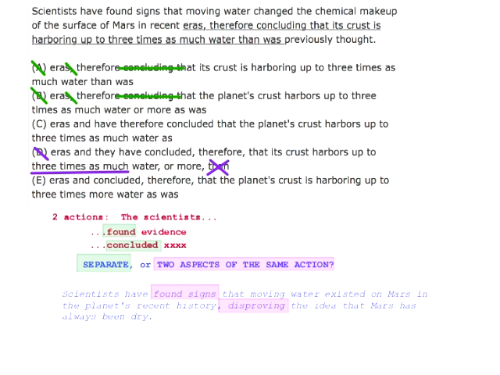So if you were going to have a construction like what is in D, then this would have to be 3 times as much as, or more than. You could not eliminate either of these 2 words because you have to have the as to go with as much, and you have to have the than to go with more.